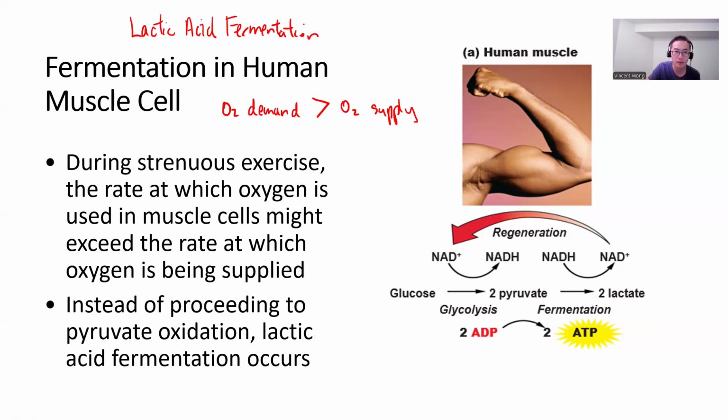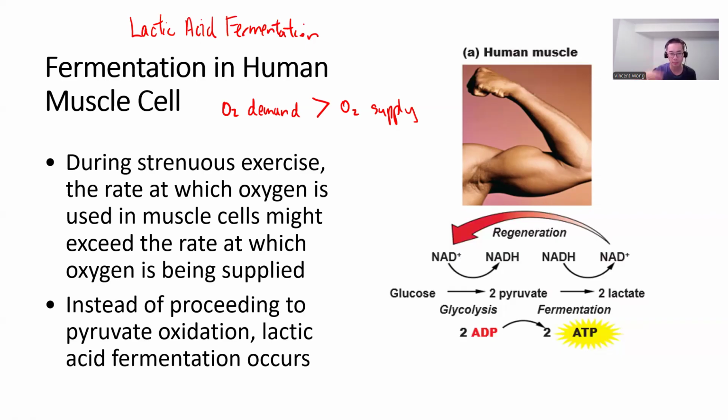We don't do it all the time. It's not sustainable with life. We only do it when our muscles are not getting enough oxygen. Like you're running at full speed for 3 minutes, and then your muscle is demanding too much oxygen.